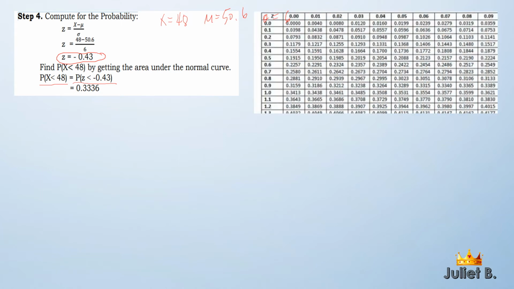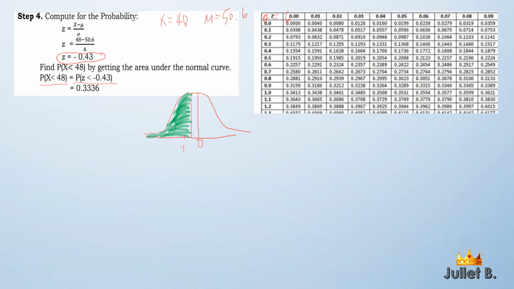Kaya kung i-graph natin, yan, and we will locate negative 0.43, kung ito ang 0, ito yung negative 1, ang negative 0.43 ay nandito. Since less than yan, ang may shade natin ay itong area na to. So, ano daw ba ang probability nitong area na to?